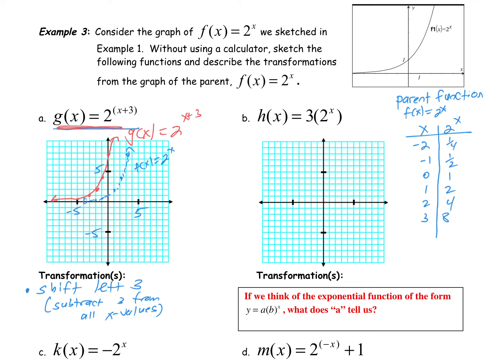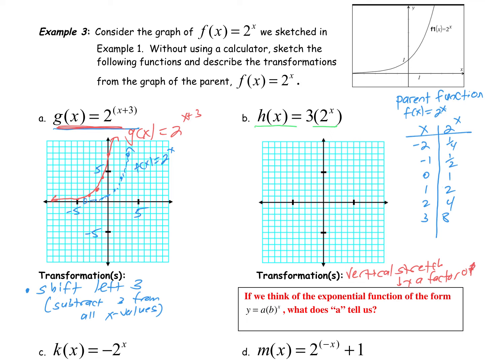So in letter B, we're looking at h of x, which is 3 times 2 to the x. What's happening here is we have this 3 that's multiplying the entire function. So the transformation in this case is a vertical stretch by a factor of 3.